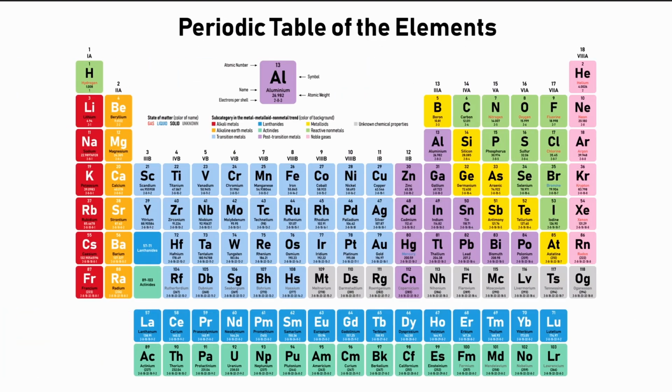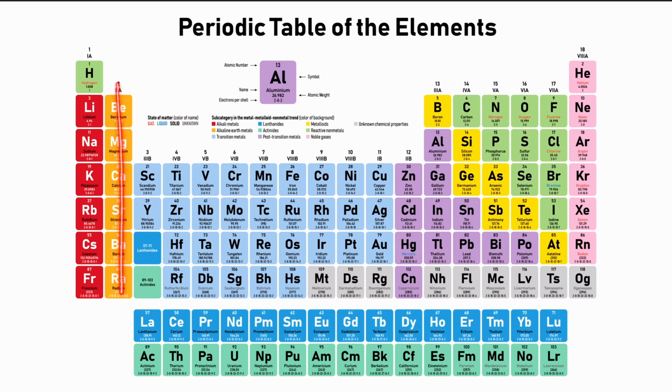For instance, over here, we have group 1. All these atoms belonging to group 1 have one outer shell electron. In other words, there's only one electron available to make bonds. The same goes for this group.